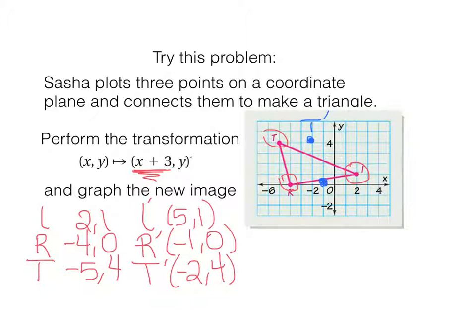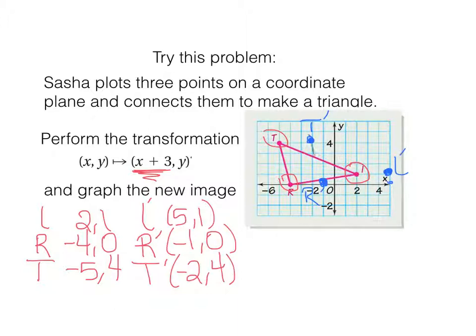And that becomes my new R. And the last one is (5, 1). So 1, 2, 3, 4, 5, 1 would be up here. And that would be the point L, the new L.